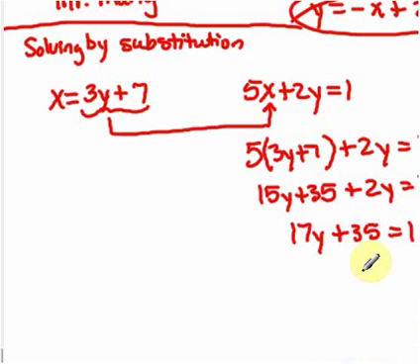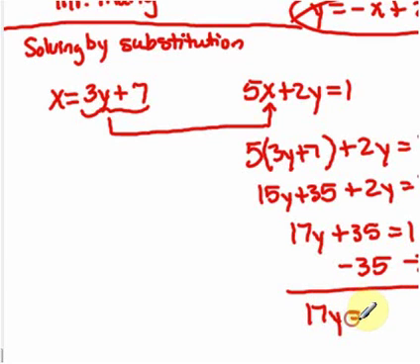We're going to subtract 35 from both sides to isolate the term that has the y in it. And then I'm going to divide both sides by the coefficient of y, which is 17. And I have now found y, a number that is equivalent to y.